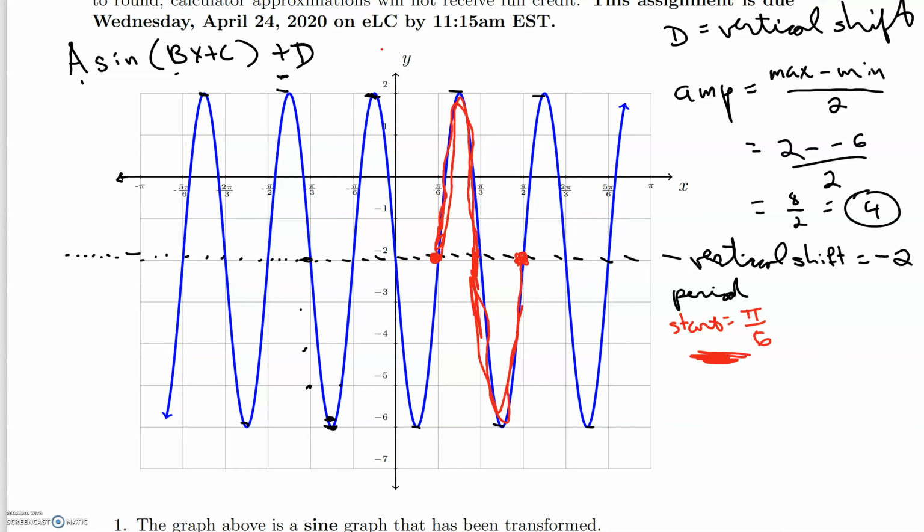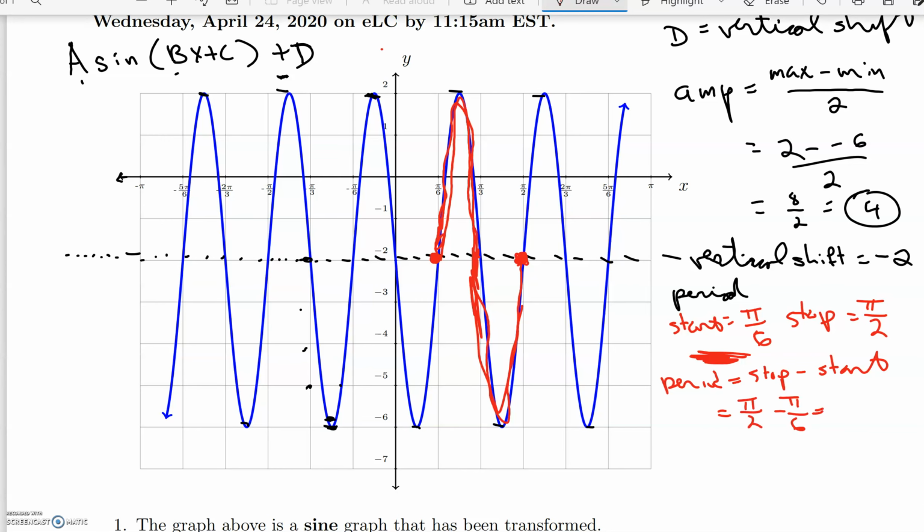But if I start at pi over 6 and I stop at pi over 2, then the period is going to be the stop minus the start, which would be pi over 2 minus pi over 6. And that simplifies: pi over 2 is 3 pi over 6, so 3 pi over 6 minus pi over 6 is 2 pi over 6, which is pi over 3.